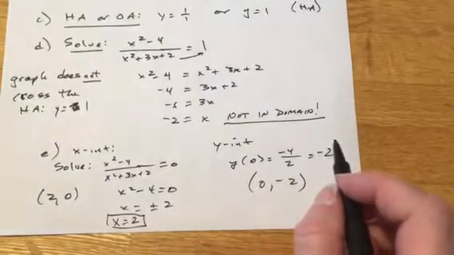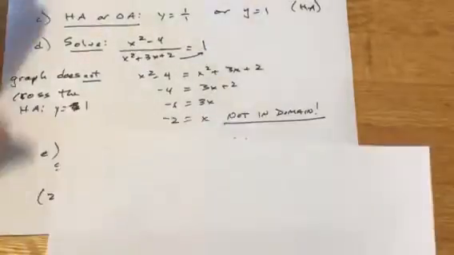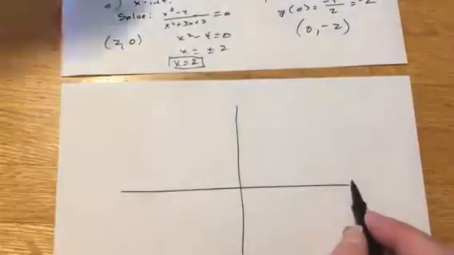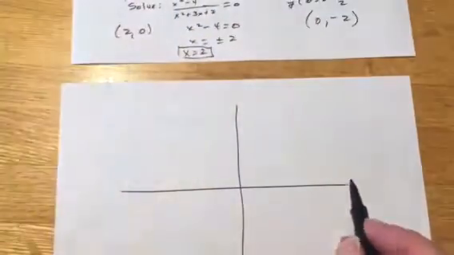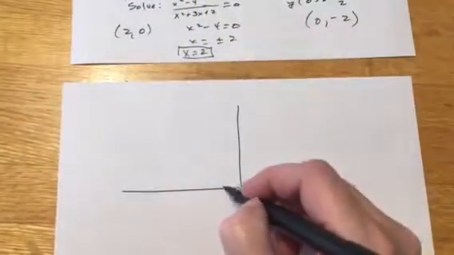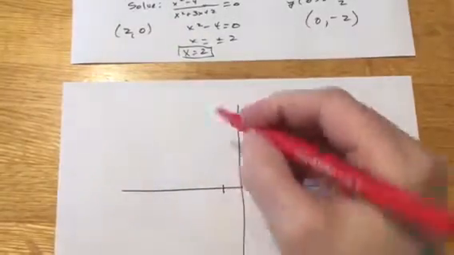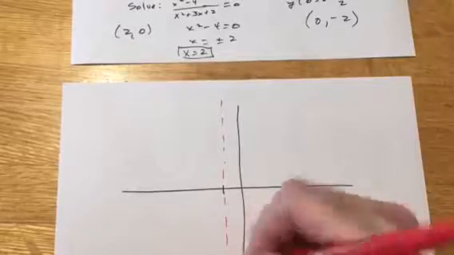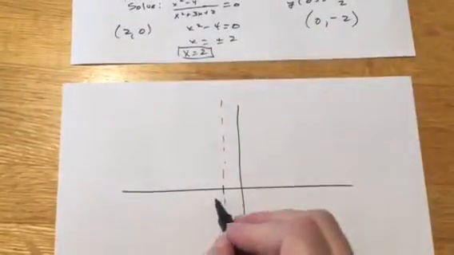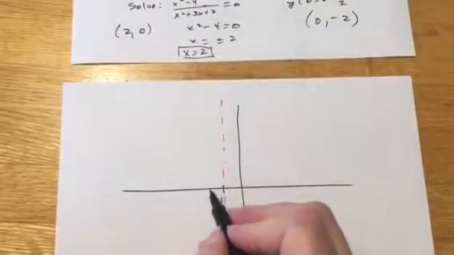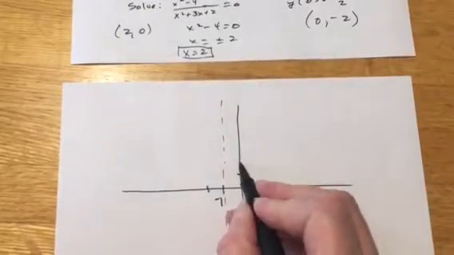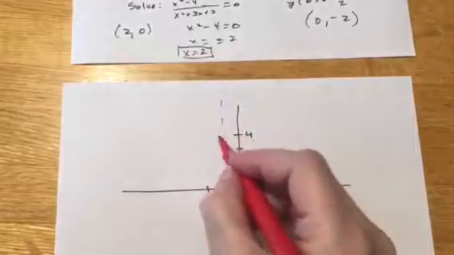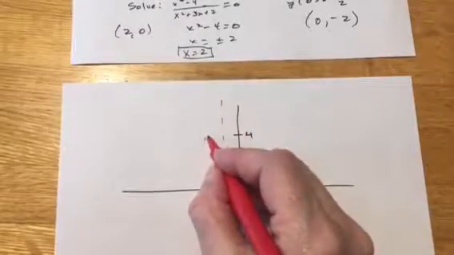And now we'll just graph. The first thing: we have a vertical asymptote back here at x = -1. We also have a hole, remember, at (-2, 4). So our graph doesn't pass through this point, but it just jumps over it.